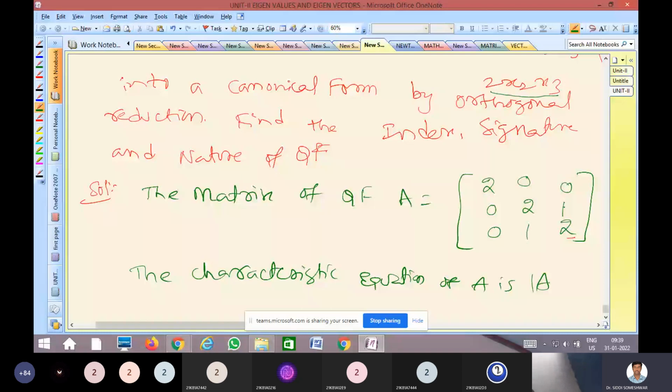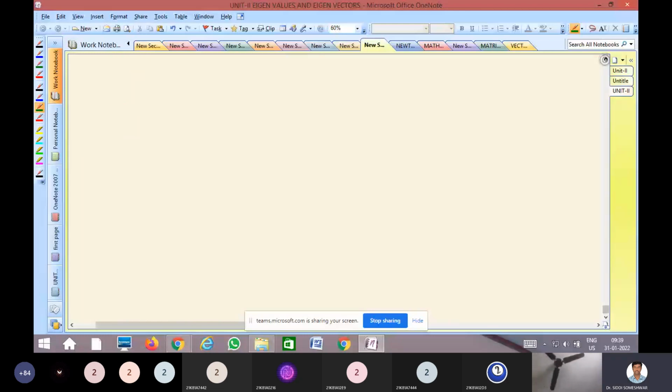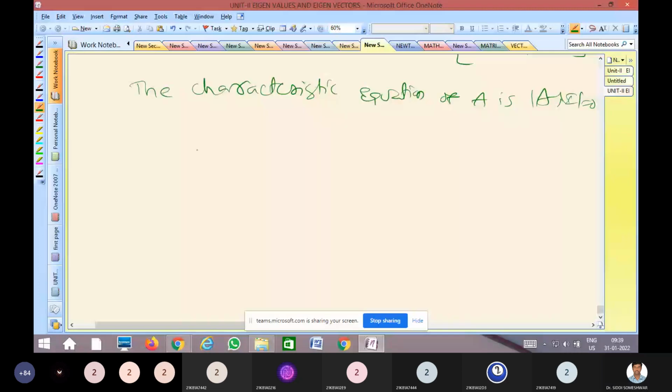From this we get the eigenvalues 1, 2, 3, which are real and distinct.